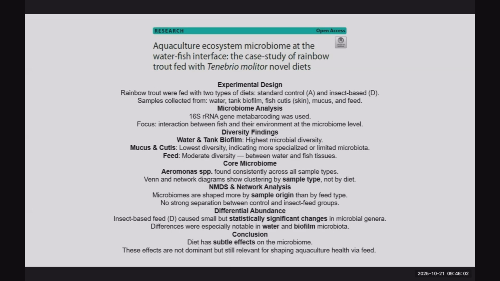The researchers aim to investigate how an alternative feed made from Tenebrio molitor or mealworms affects not just the gut microbiota of rainbow trout, but also the microbial communities in the tank water.